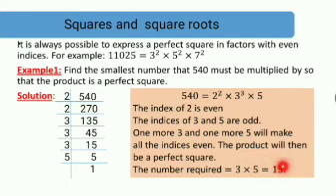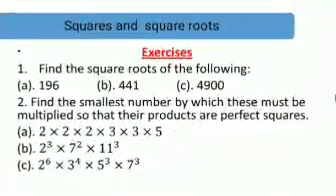Now if you multiply this 15 by 540, the answer that you will get will be a perfect square. So if this is clear now, I would like you to practice the following exercises for me.